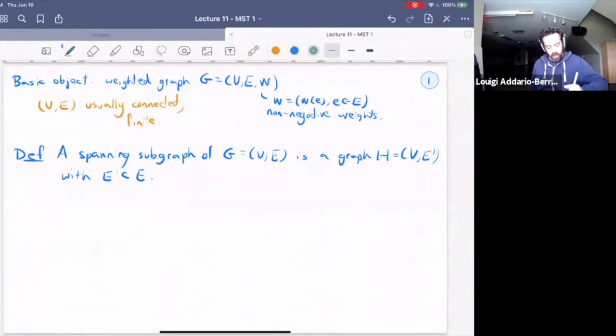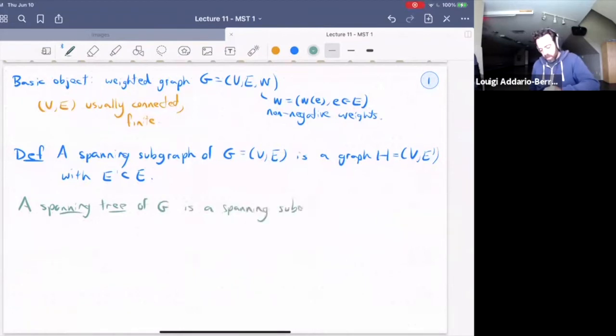Okay, then a spanning tree is a spanning subgraph that's a tree. So a graph has to be connected in order to have a spanning tree.